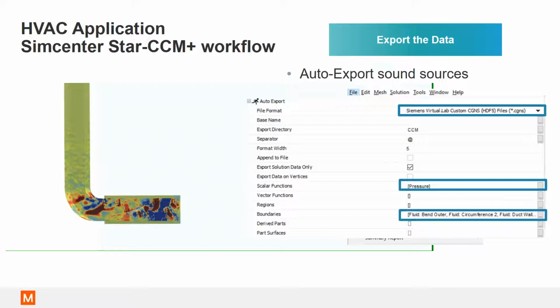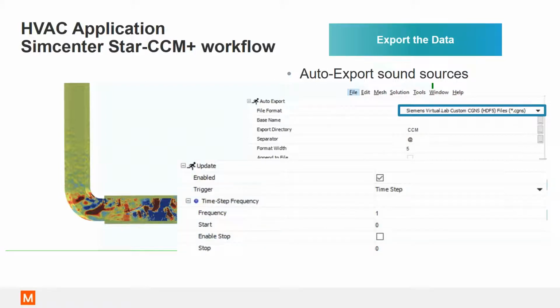The file format we're going to use is a Siemens Virtual Lab custom CGNS file format, and the field function is going to be pressure. We select the boundaries, that is the faces of the duct as well as the flap, and then we select the trigger to extract that data. The trigger is every time step, which is going to create a CGNS file.